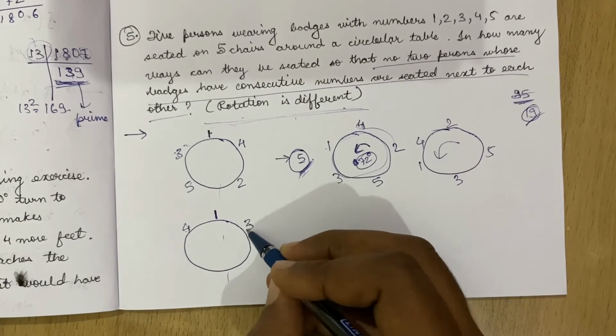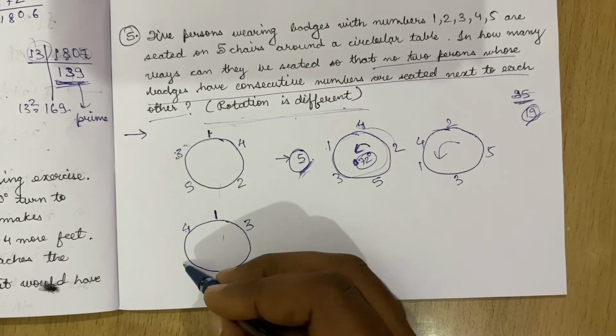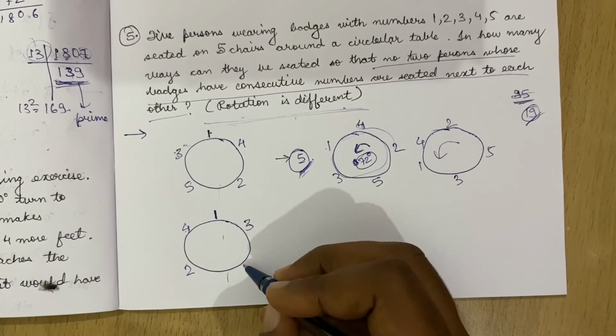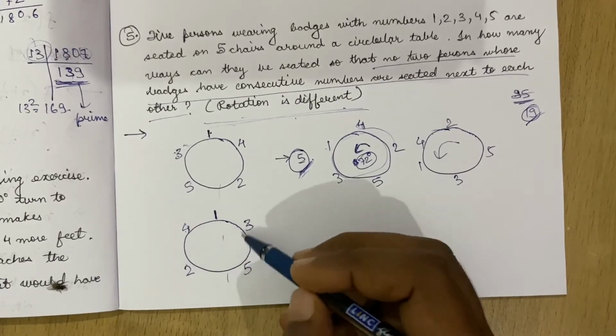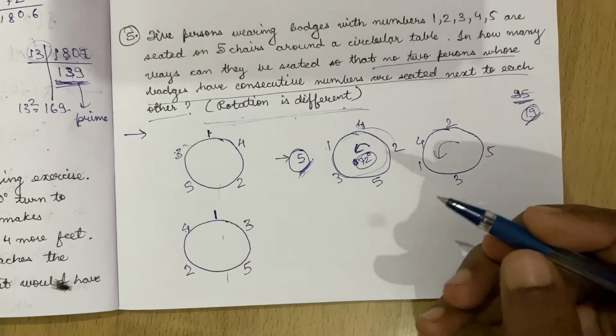So let's put 3 over here, and then 5 can't be next to 4, so 2 could be here, and 3 and 5. So this is one possible arrangement. No two consecutive numbers are next to each other.